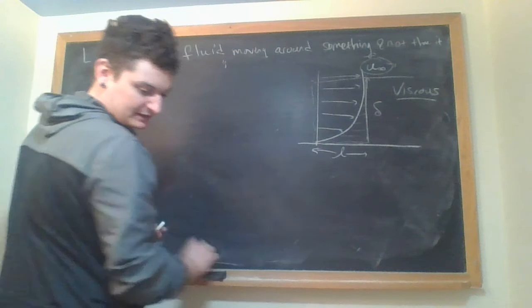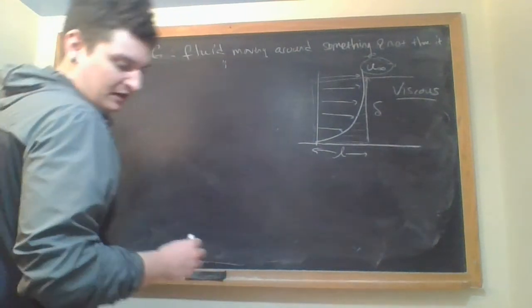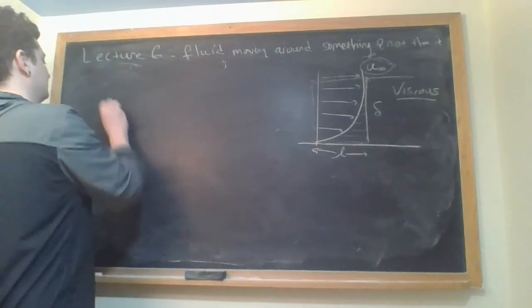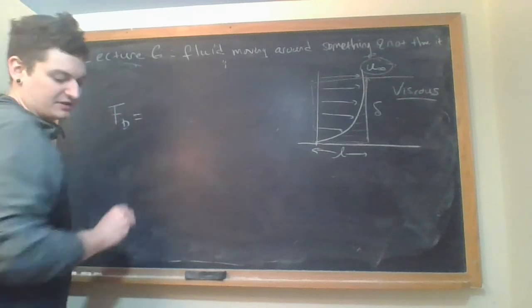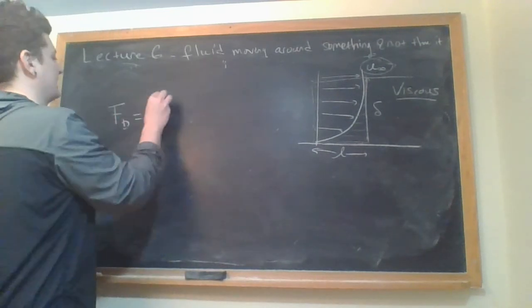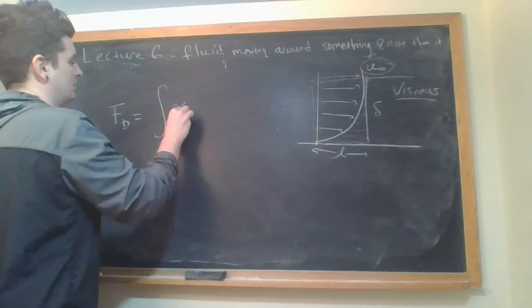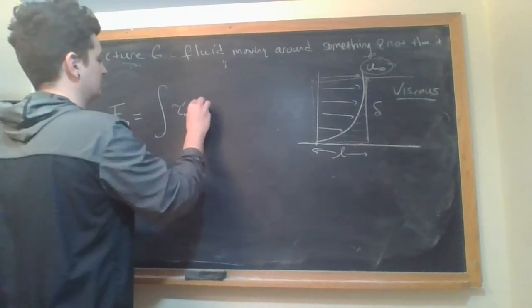So what else do I have on this? One thing is that when it comes to these drag forces, we actually have definitions for them in integral terms. So drag is some integral of the shear at the wall.